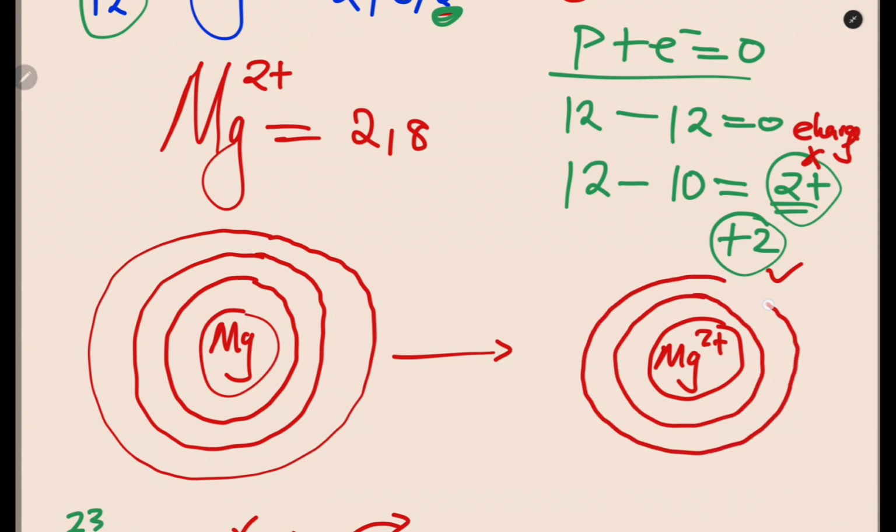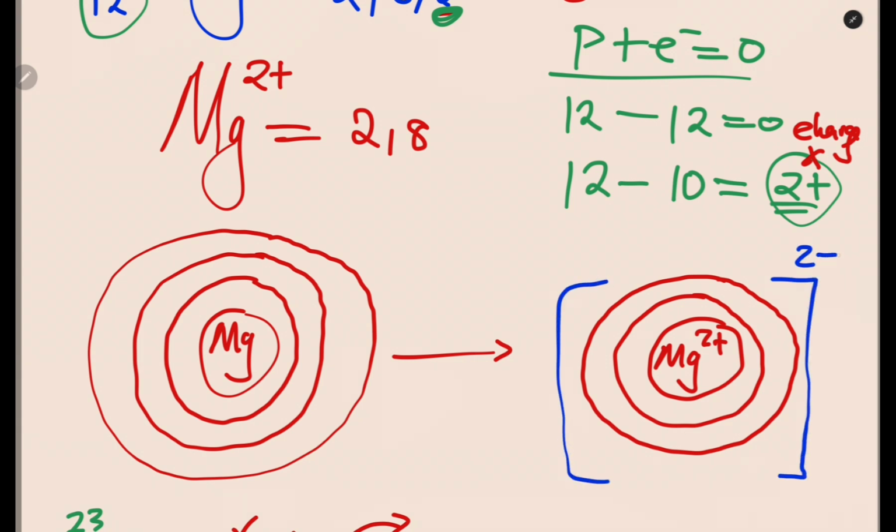We are just going to remain with 2 shells. So let me just put it in these brackets. Then on top there we can put 2 positive. So here 2 electrons. Then we have something like this.